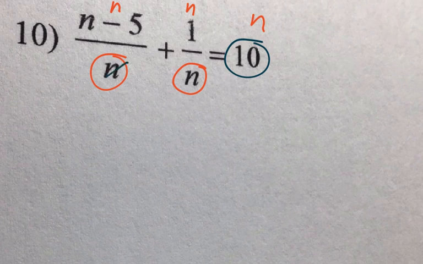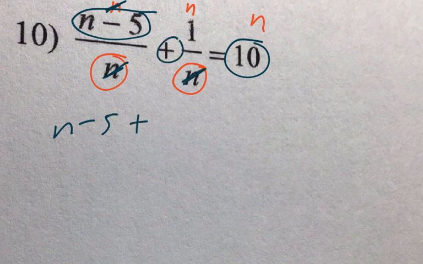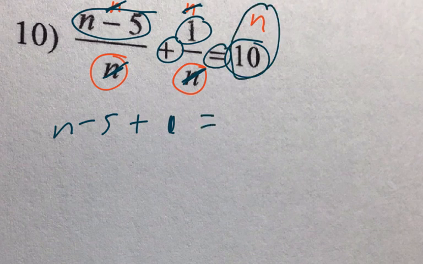Let's see what happens. Here the n's cancel. I'm left with n minus 5 plus. Here the n's cancel. I'm left with the 1 equals. Here I have to take n times 10 because there's nothing here to cancel it out with. So therefore, I have 10 times n, or 10n.